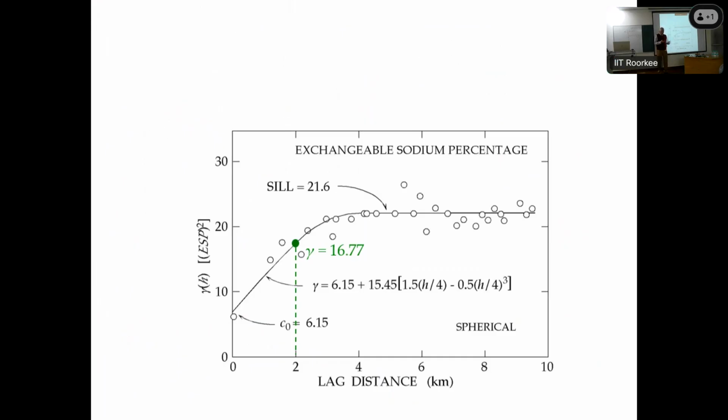What do I need to square root? 6.6. So that's the expected difference for any sample taken farther than 4 kilometers apart from each other. That's a good information.